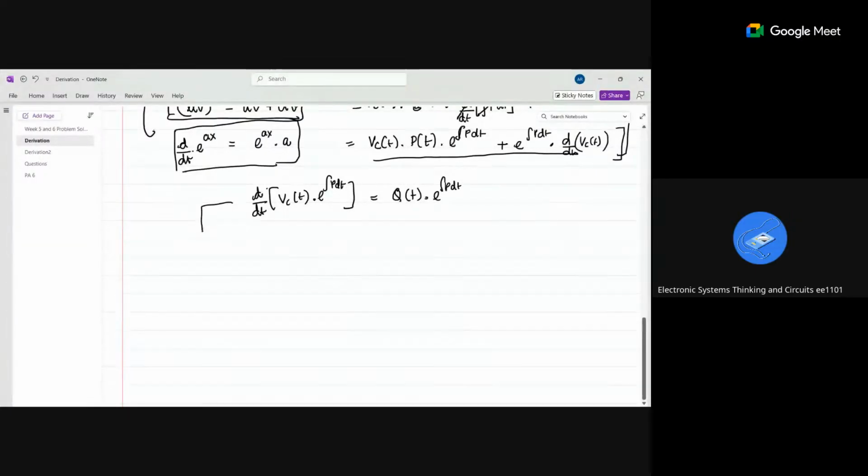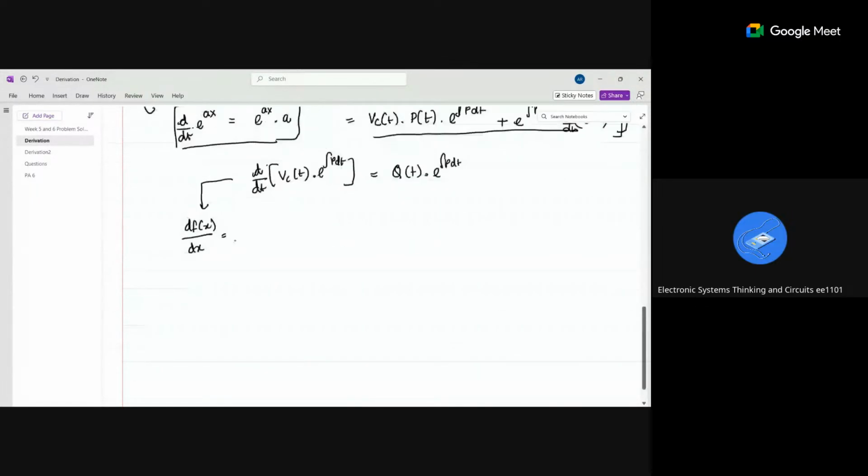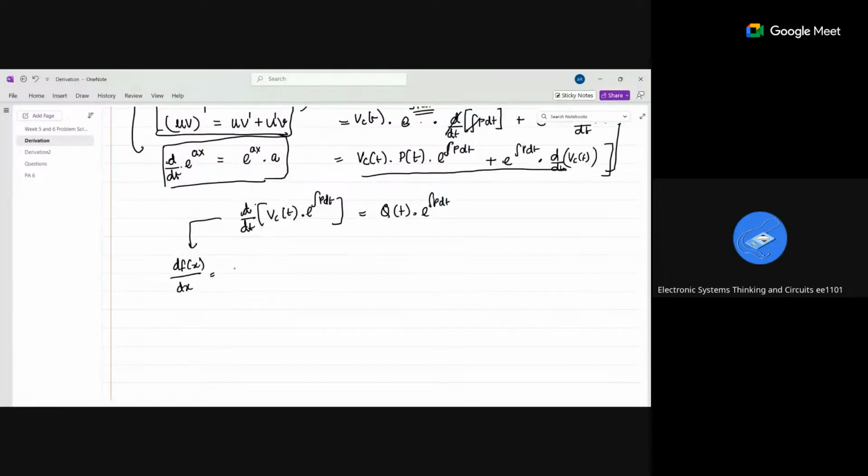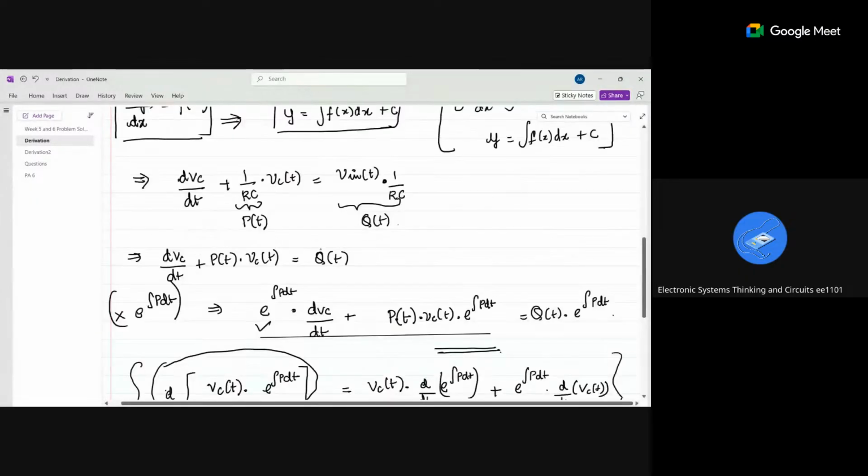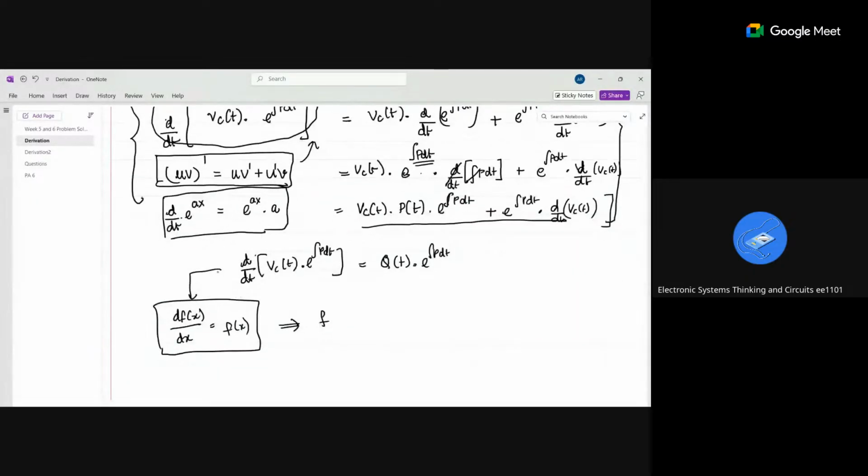So we have basically achieved the dy/dx equals f(x) format, right?